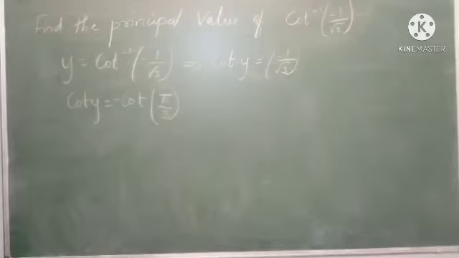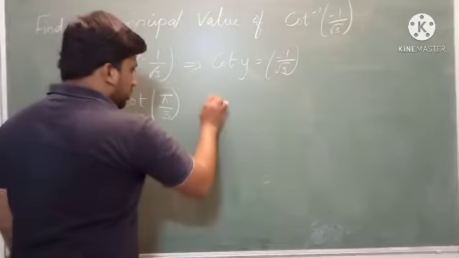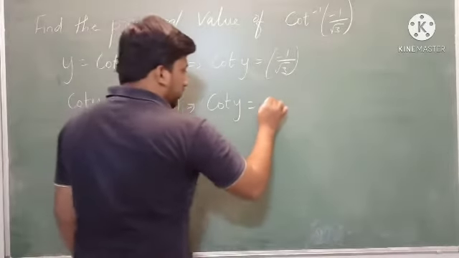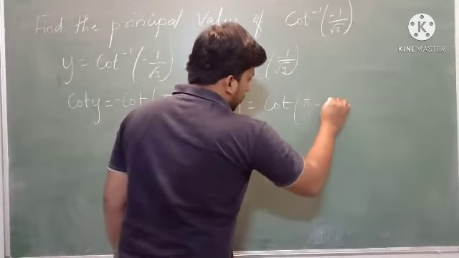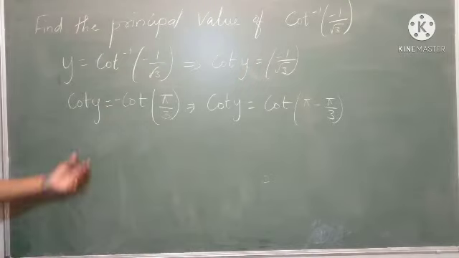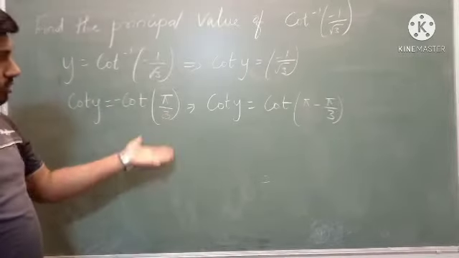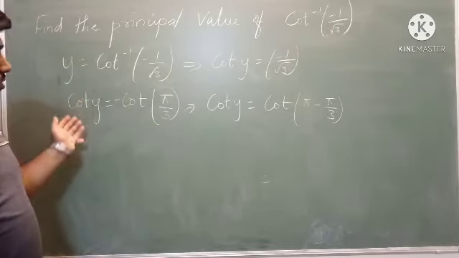Hope you are understanding. So now if you see here, cot y is nothing but, if I take the plus cot, it is pi minus pi by 3, isn't it? Understanding? Yes, I am just taking the standard formula with respect to inverse functions of the cot function.